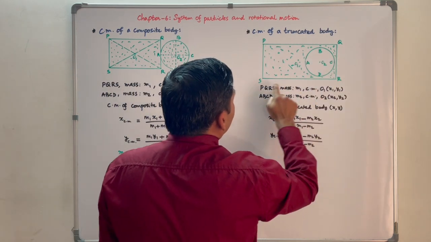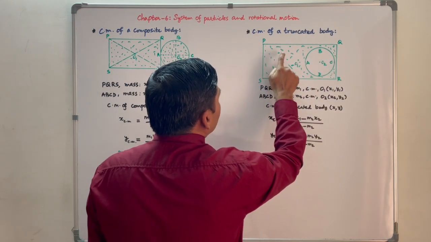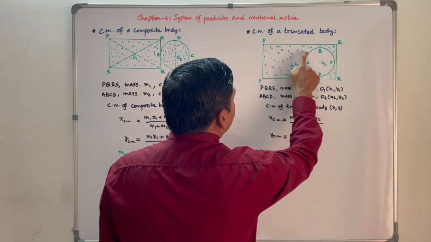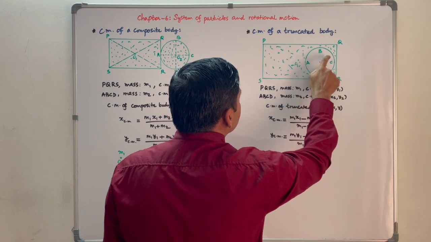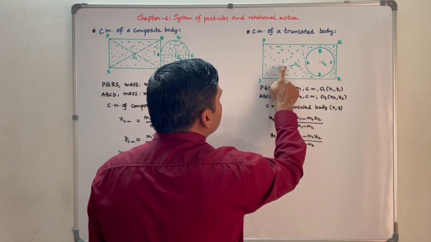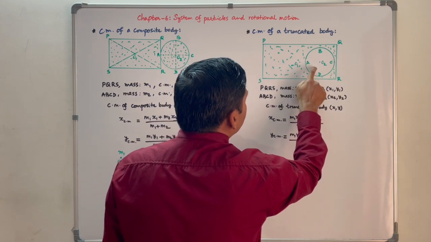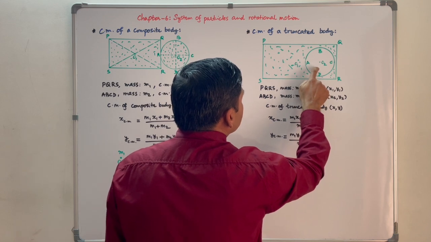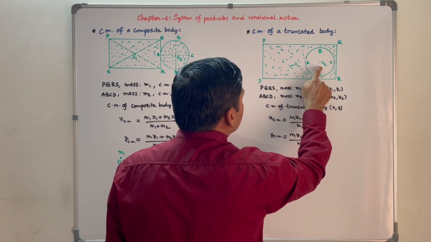Suppose PQRS is a rectangular plate whose mass is m1 and center of mass is at O1. A circular hole is punched in it. We have to calculate the center of mass of this truncated body. First, we need to calculate mass and center of mass of this circular plate. Suppose mass is m2 and center of mass of this circular plate is at x2, y2.